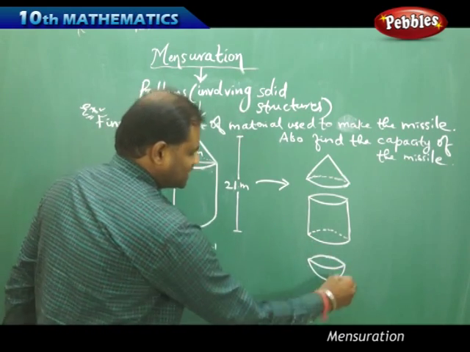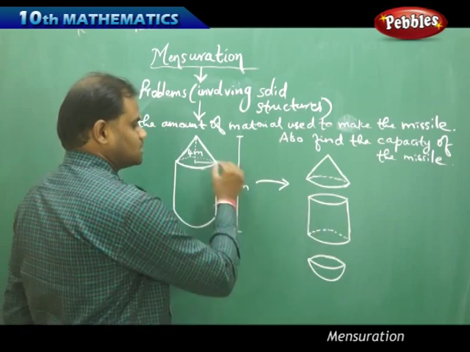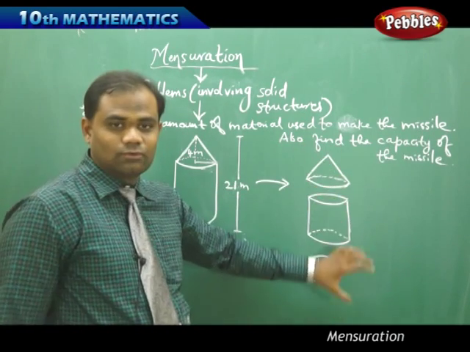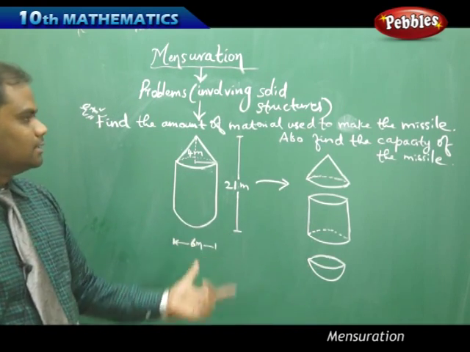This is what I get when I divide the missile into each of them. Now let's find the areas and volumes of each of the solid structures and combine them, where I get the answer for the entire missile.